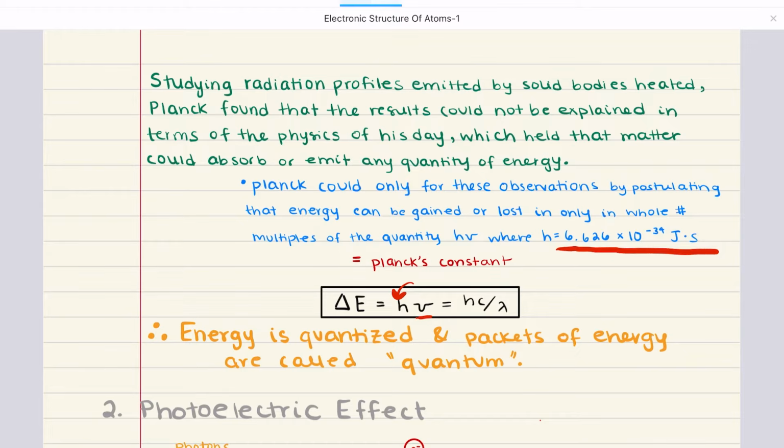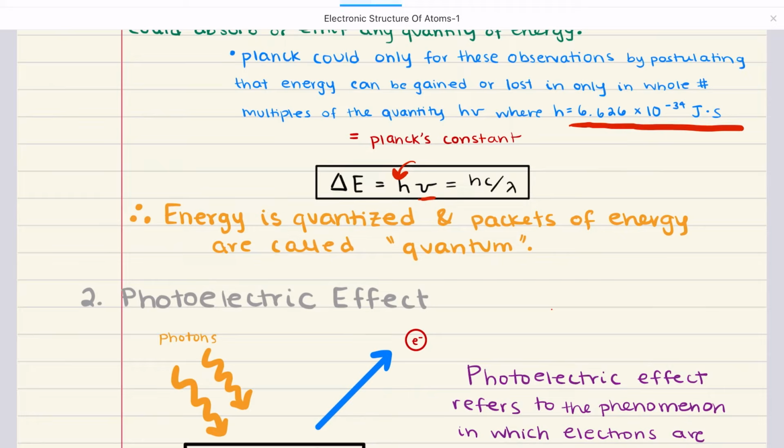And so this equation directly linked energy to frequency, and it was further related to the speed of light equation. So we talked about earlier how the speed of light is equal to wavelength multiplied by frequency. If we rearrange things to solve for frequency, we would get that frequency is equal to the speed of light over wavelength.